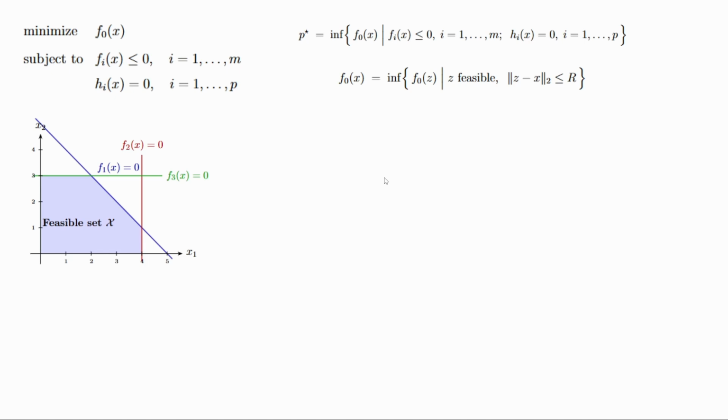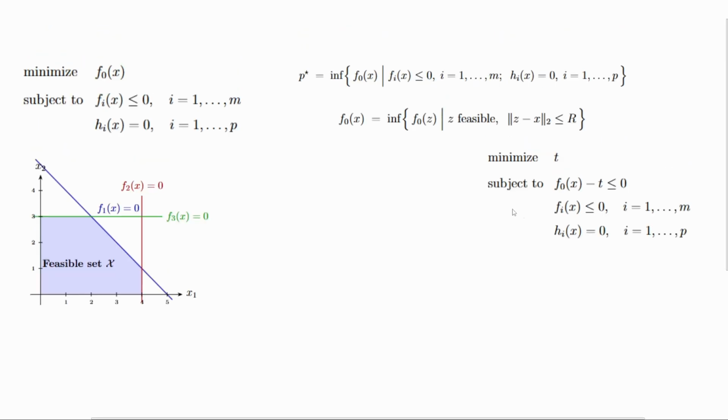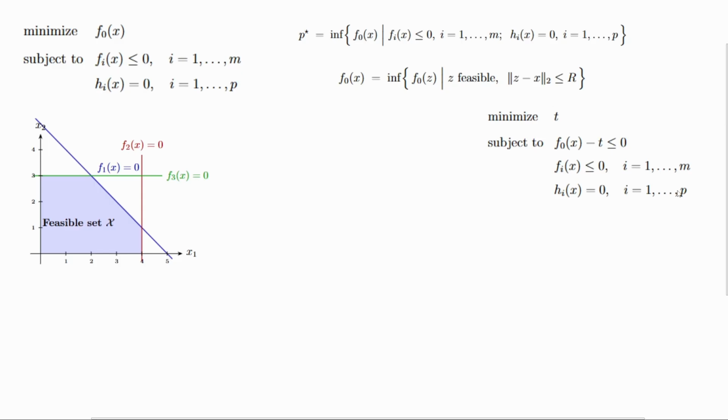So you introduce a new scalar variable t, and instead of minimizing the objective function f0(x) directly, you minimize t subject to f0(x) being at most t. So let's compare these two forms here. On the right, we have the epigraph form, and on the left, we have the standard form. And so you might be able to just look at it and convince yourself that they're equivalent.